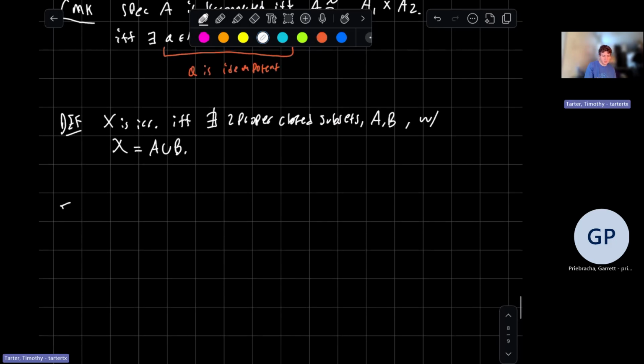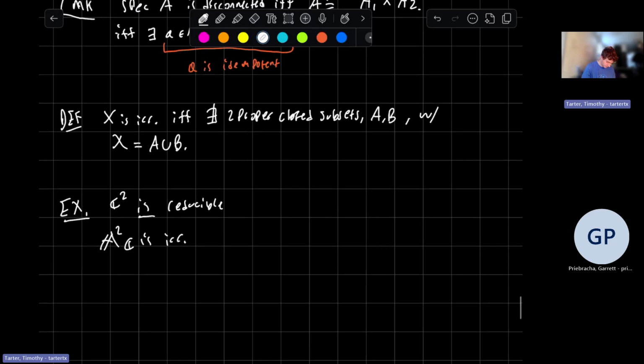Just as an example though, C^2 is reducible, but A^2 over C is irreducible.